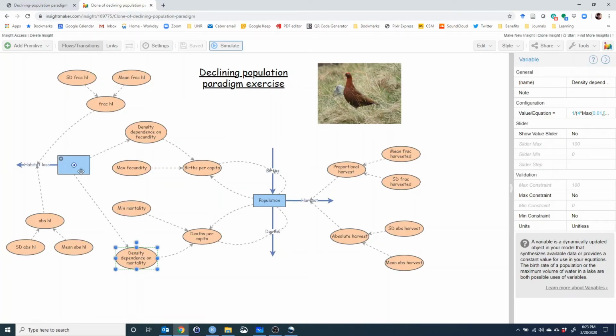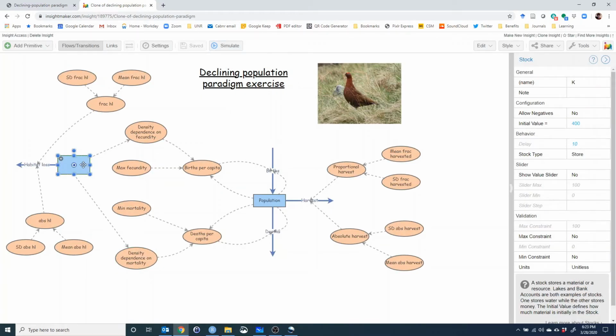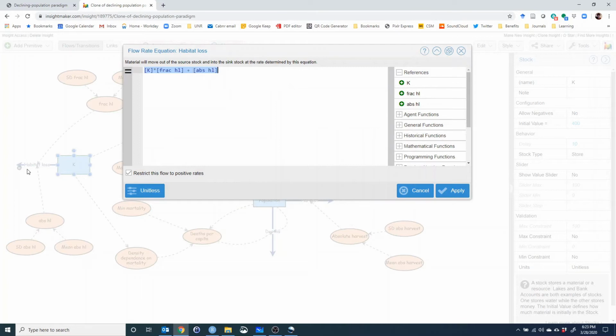And as well, we have this carrying capacity over here, and we have habitat loss. And we're modeling habitat loss as a loss in carrying capacity. We can think of carrying capacity as just the total number of individuals that can be supported in this habitat. And habitat loss is just a reduction in the total number of individuals that can be supported in this area. And we can have, again, two different types of habitat loss.